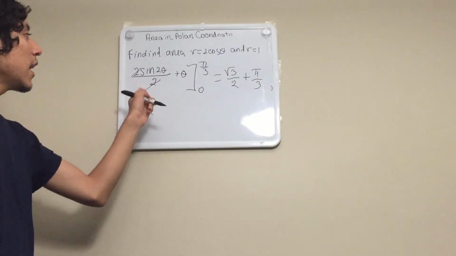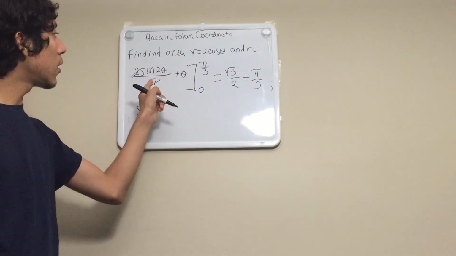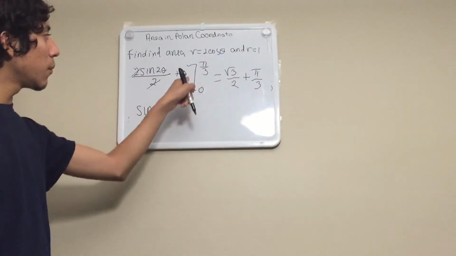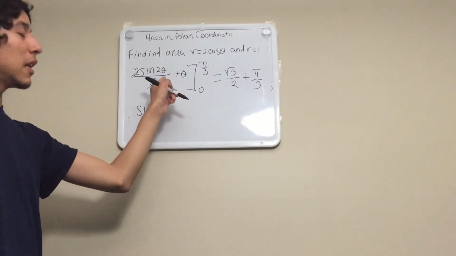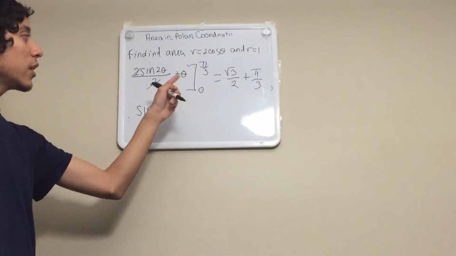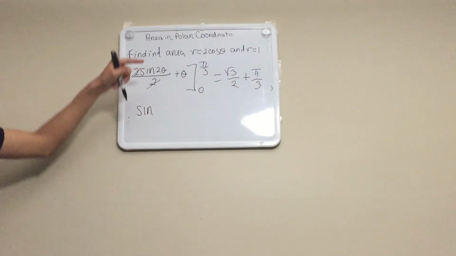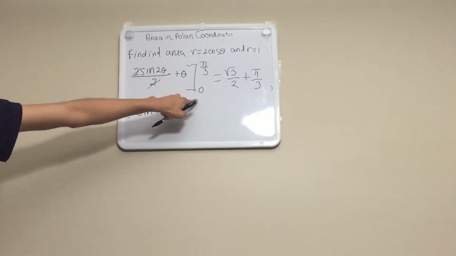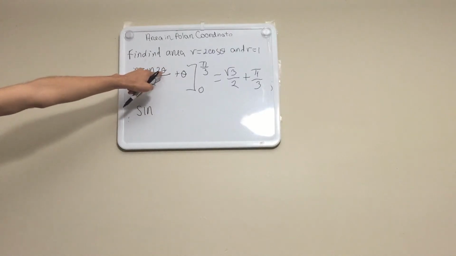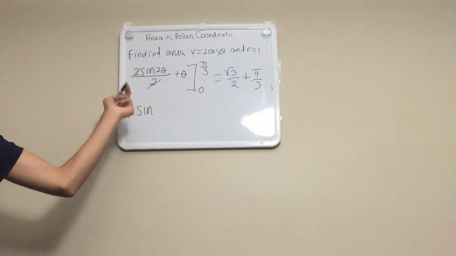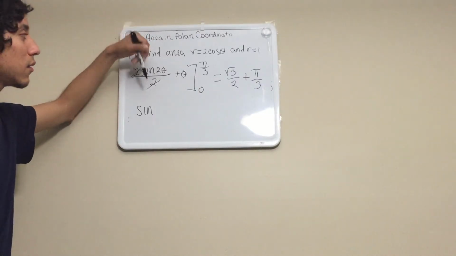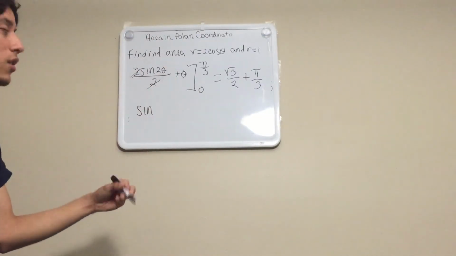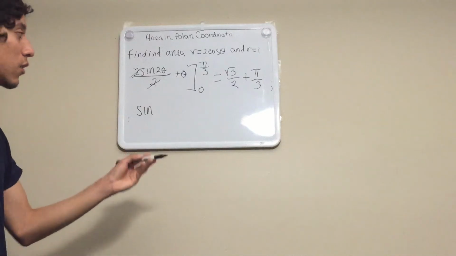And then plus theta, we plug in pi over 3 for theta, and that's how we get pi over 3. Now sine of 0, because 2 times 0 is 0, just equals 0.